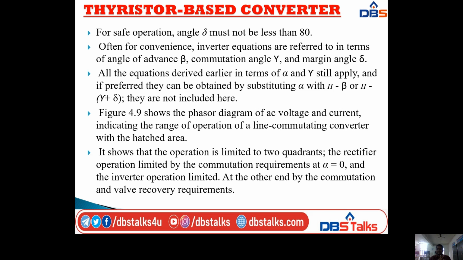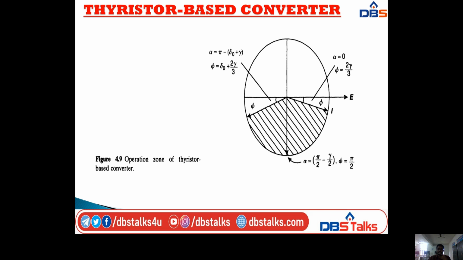So it shows that the operation is limited to 2 quadrants. The rectifier operation is limited by the commutation requirements at alpha equal to 0, and the inverter operation is limited by the commutation and valve recovery requirements. This is also known as the operation zone of a thyristor-based converter.